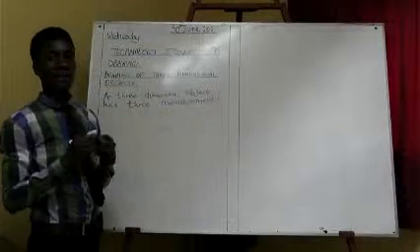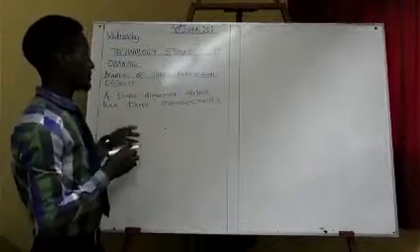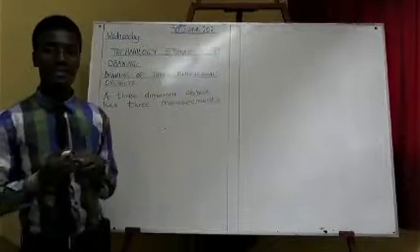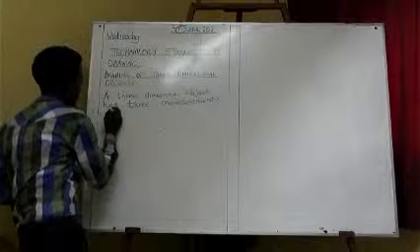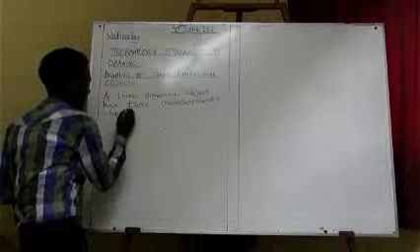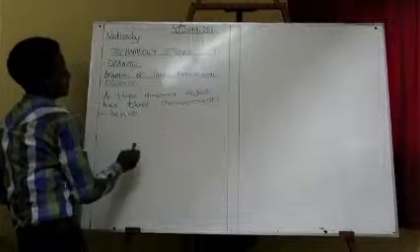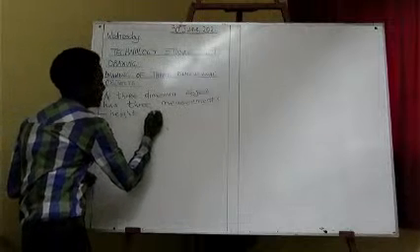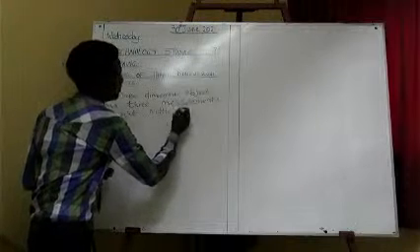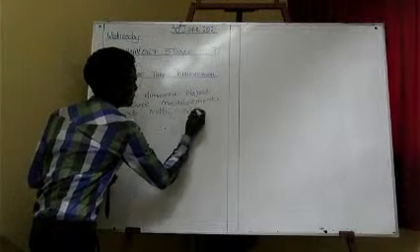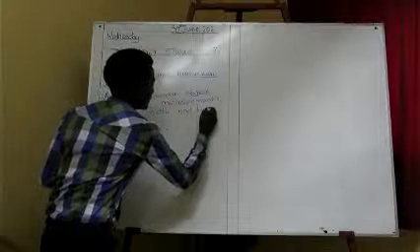Now what are those three measurements we are talking about? The three measurements we are talking about are the height, the width, and the last one, which is the length.